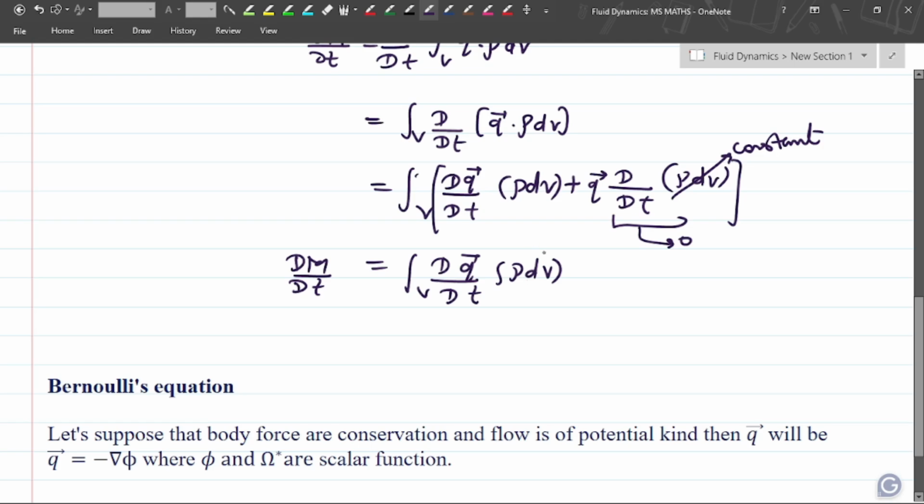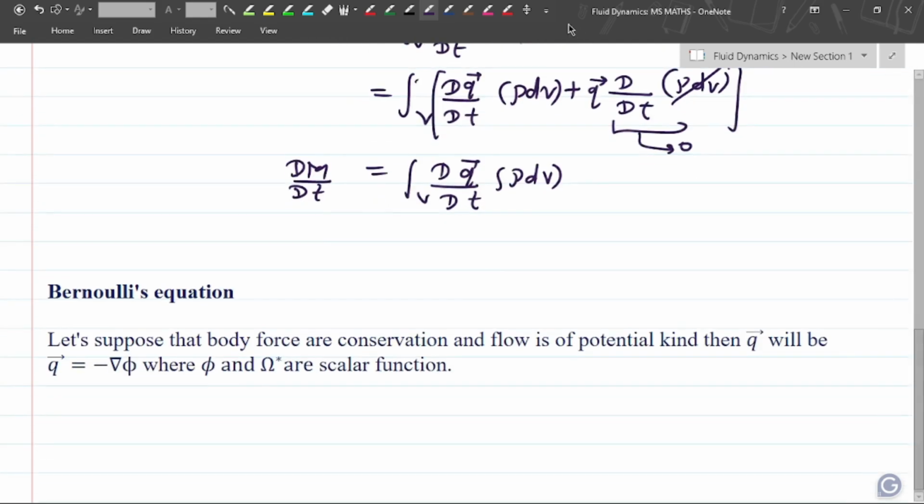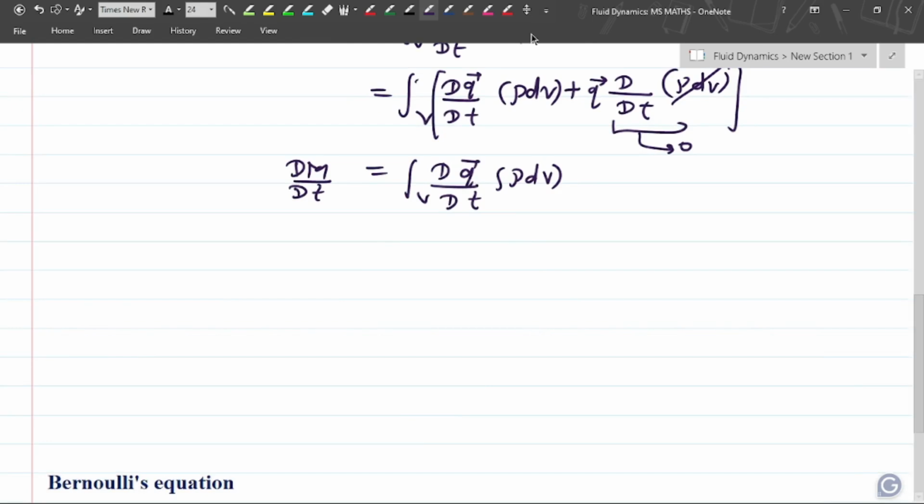Now this is the linear momentum, given by the rate of change in momentum.